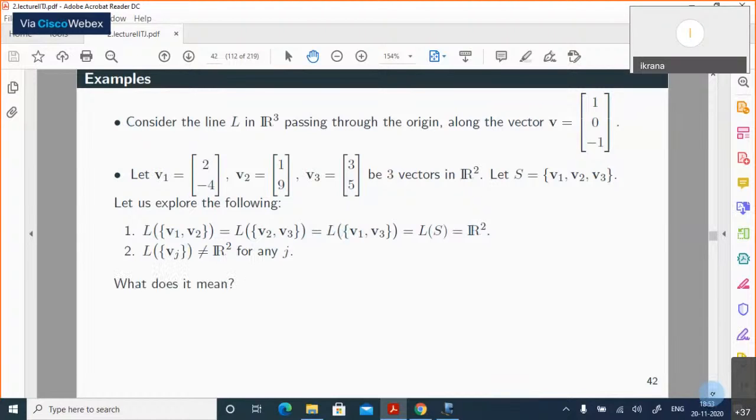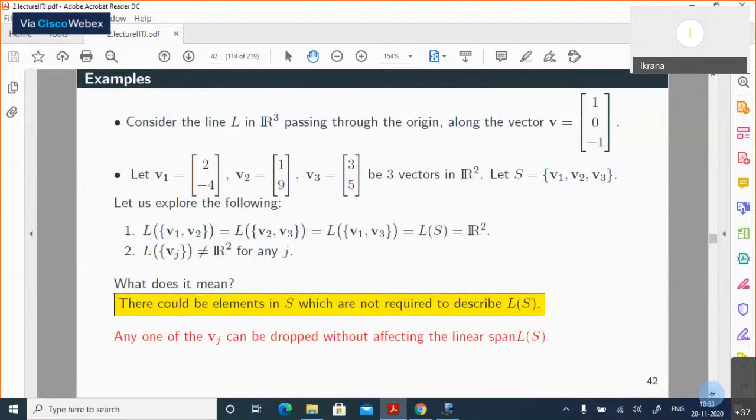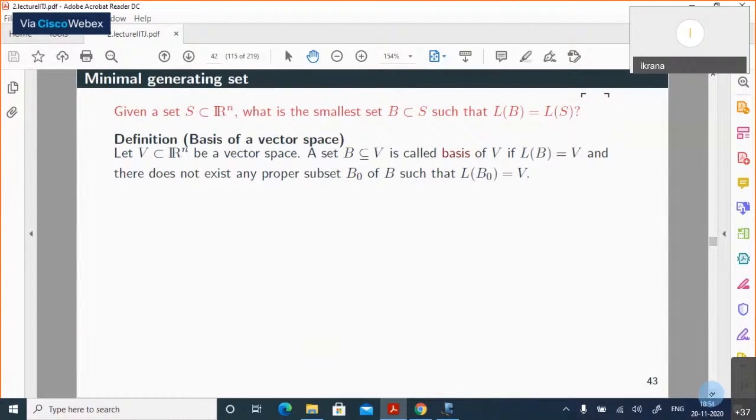So what does that mean? That gives us an idea of how many elements are required for the linear span to be equal to R2. We are getting that at least 2 elements are required. We have illustrations of 2 elements generating R2, meaning the linear span is equal to R2, and I cannot cut back. That gives us the definition of what is called a basis of a vector space.